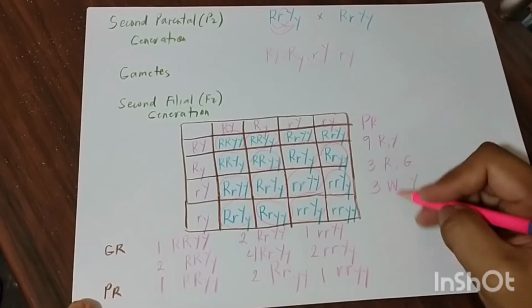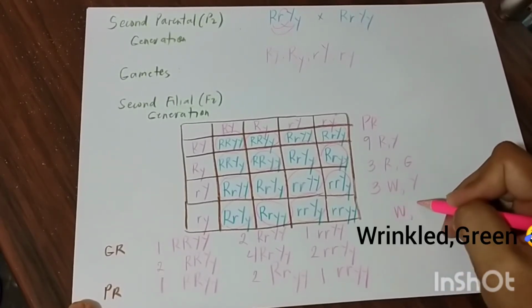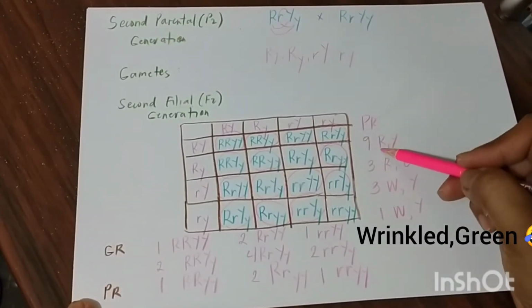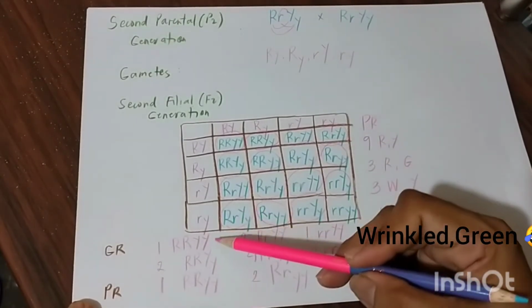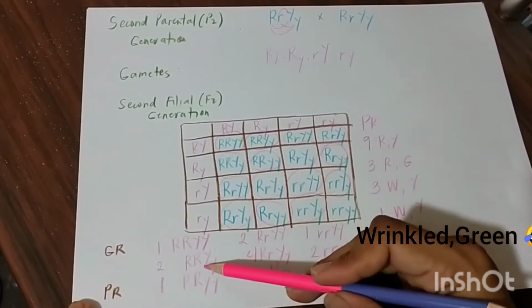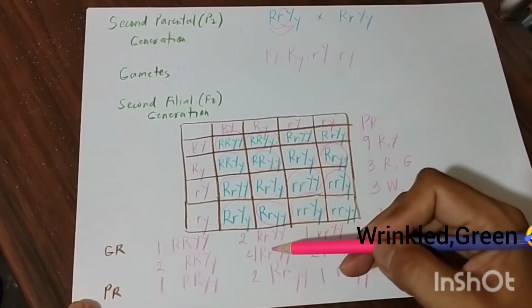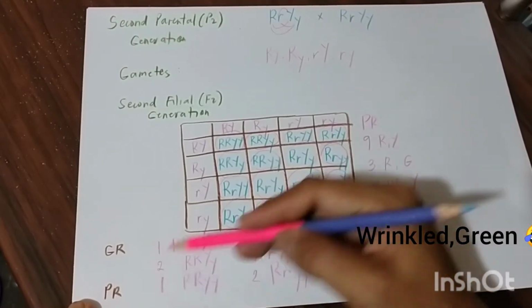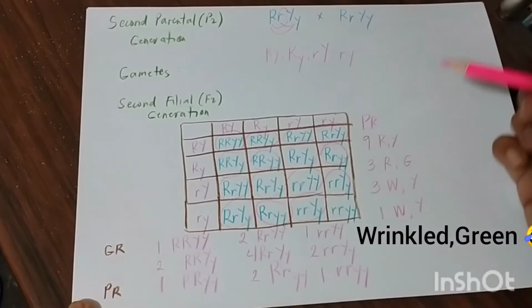And for wrinkled green, we have 1. So let us count. Round and yellow: 1, 2, 3, 4, 5, 6, 7, 8, and 9.